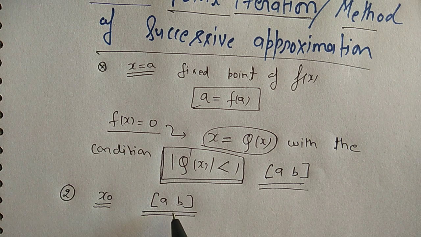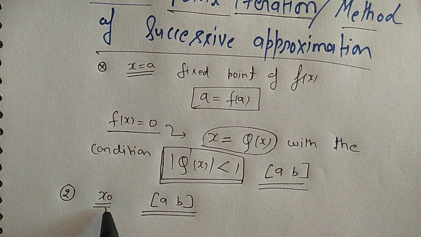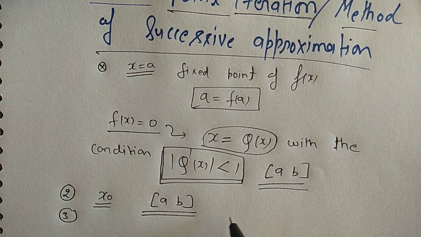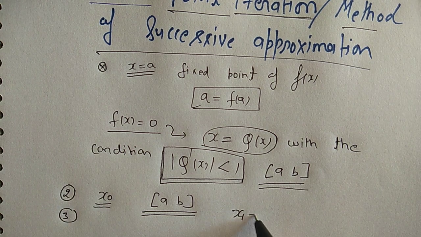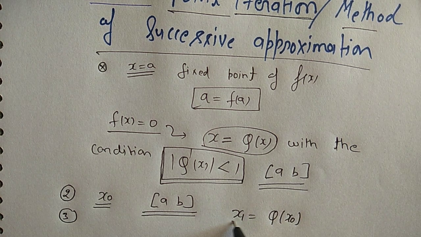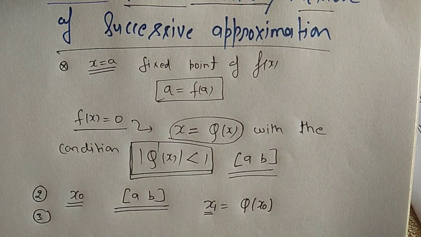You can take any point from a to b. Once you fix the initial approximation, the third stage is to find x1 equal to phi of x0. So this x1 is the solution of the first iteration.